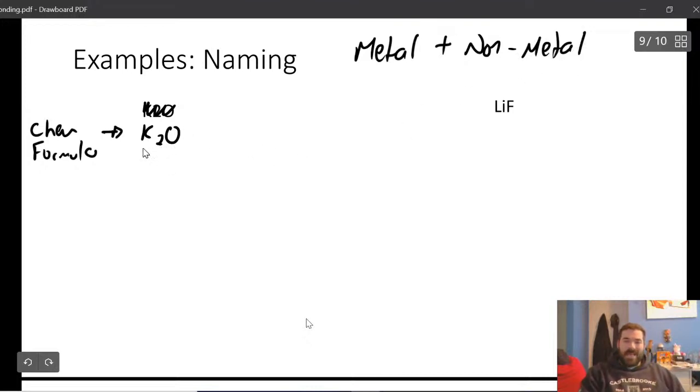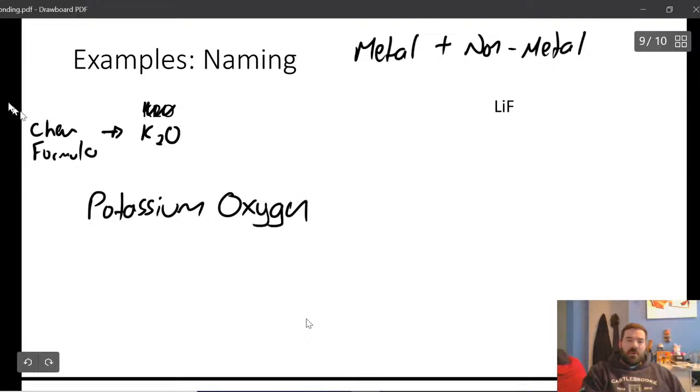So this is going to be potassium. Now, that's an oxygen, but we don't call it oxygen because if it's part of an ionic compound, it becomes an ion because it's going to become negatively charged. So it's not oxygen. We get rid of this part and we call it an oxide.